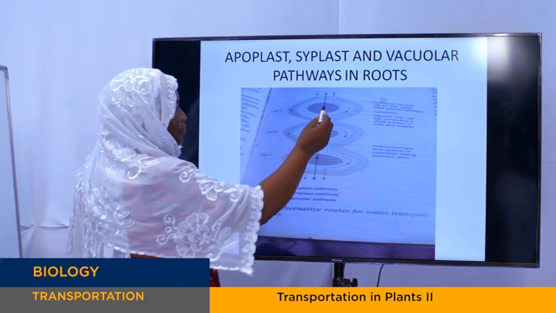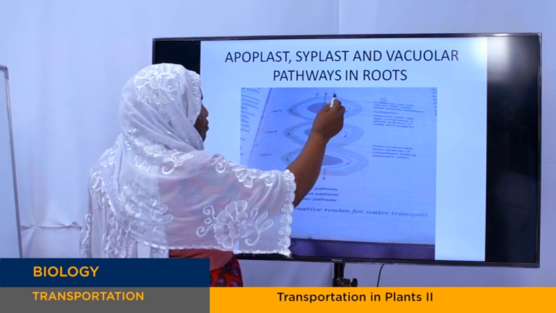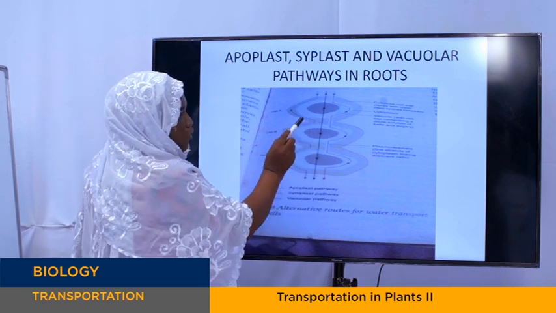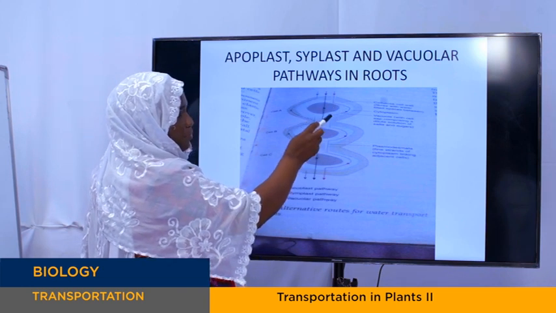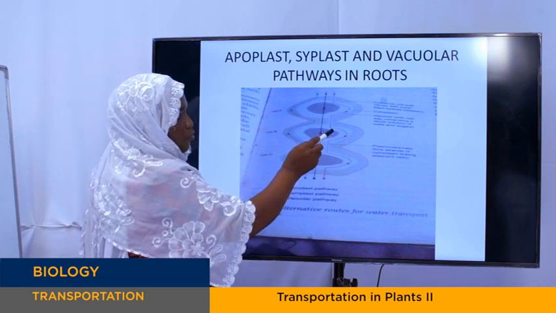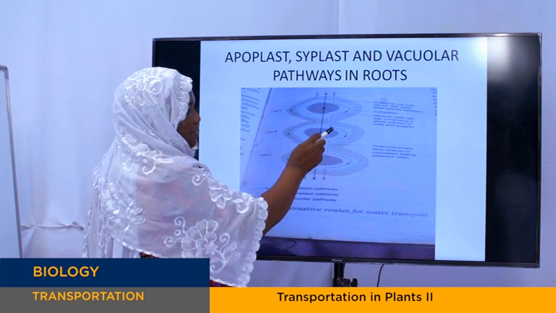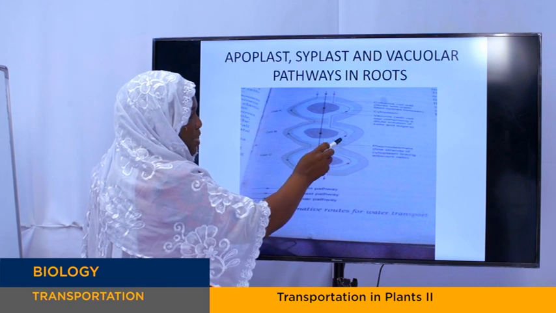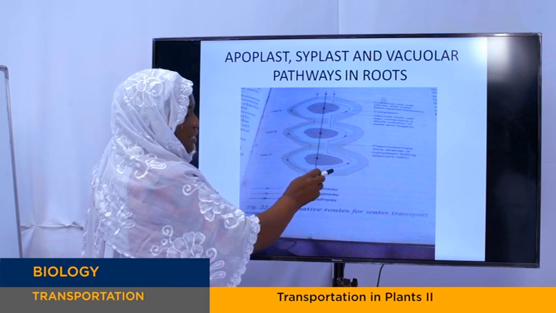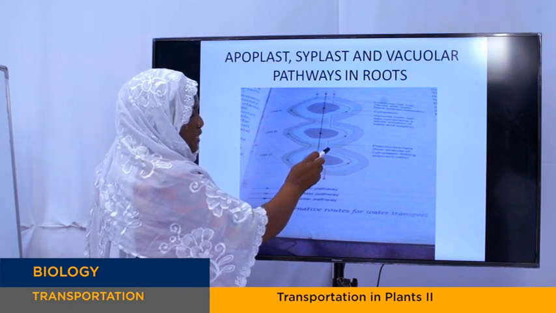And here, this one moves through the cytoplasm. It moves from one cytoplasm to the second cytoplasm of another cell through plasmodesmata, from cell B to cell C through plasmodesmata.